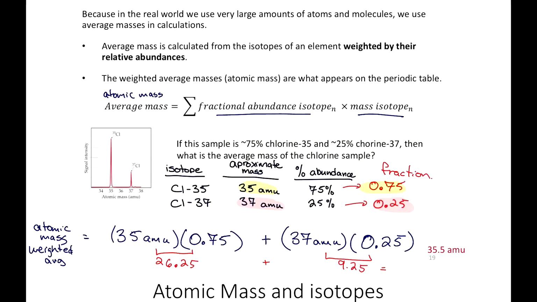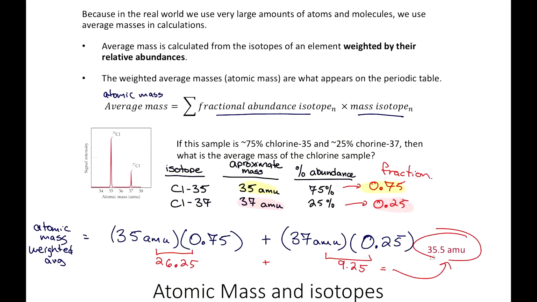I'm going to ignore sig figs because we're just doing an estimate here. I just estimated those abundances. This isn't the true abundance. So if I add those two numbers up, I get 35.5 AMU. That is the weighted average for this sample based upon the abundances that are there.